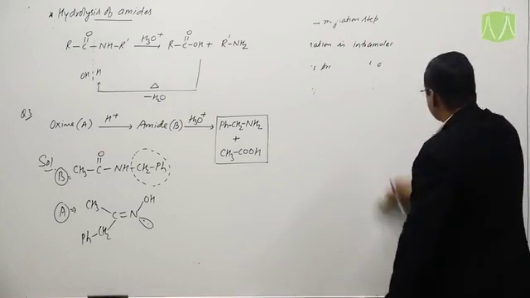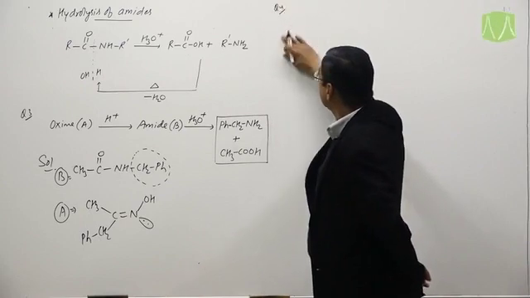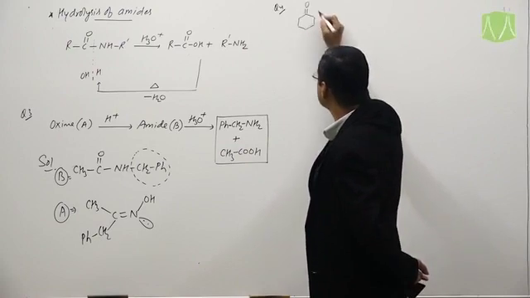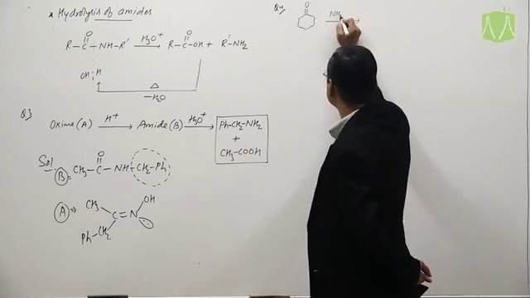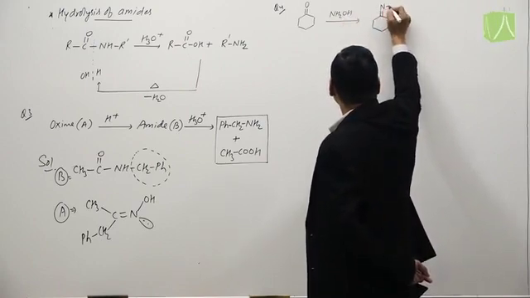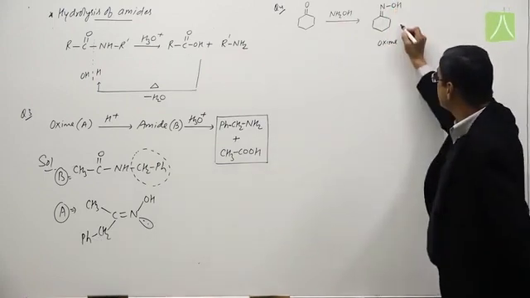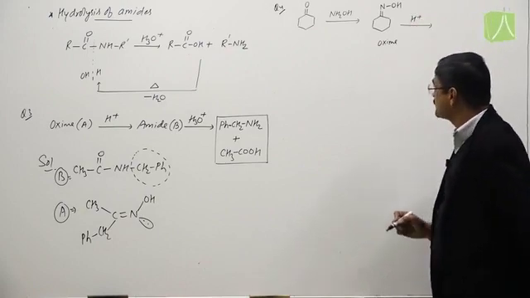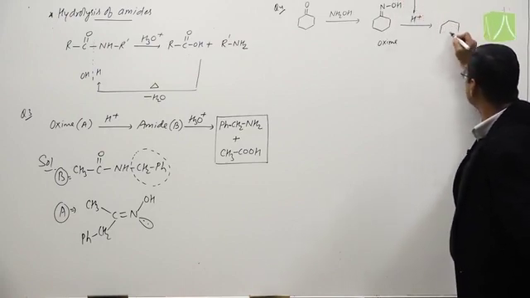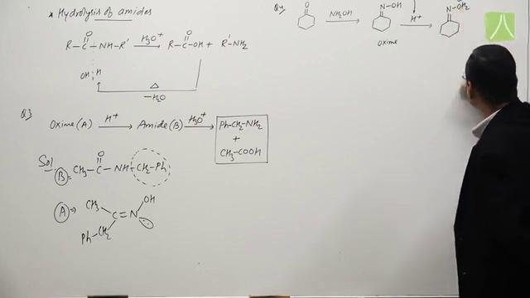Now come to the next question, question number 4. Suppose I take the cyclic structure, suppose this is cyclohexanone. On reaction with NH2OH, it is converted into NOH. This is the oxime. On reaction with H2SO4 or H plus, this is converted into a good leaving group, water.